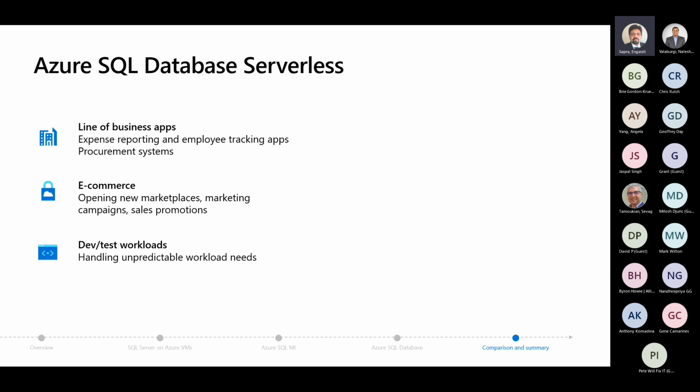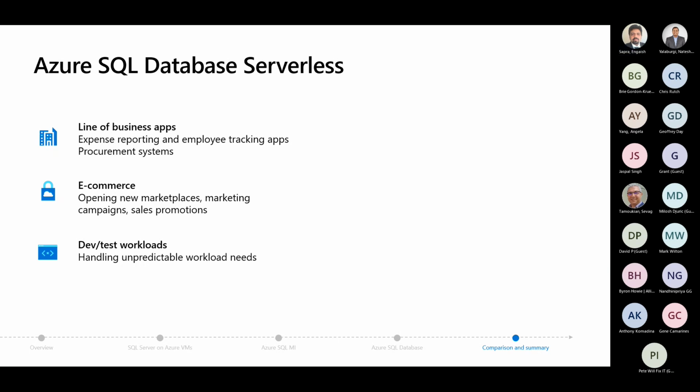So serverless automatically scales compute for single databases based on workload demand and bills for compute used per second. In serverless, the compute scaling within the configurable limits is managed by the service to continuously right size the resources.